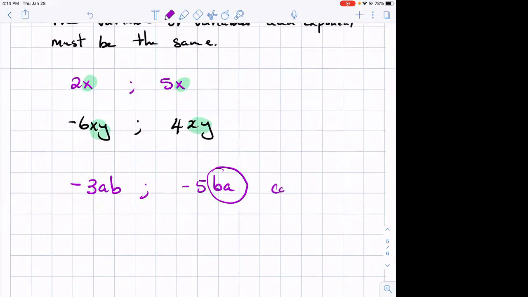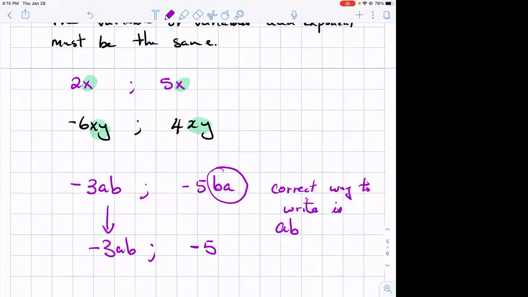The correct way to write is AB. When we write variables, we generally follow the pattern of the alphabet. So this is the same as minus 3ab, but this one here, if you write it correctly, will be minus 5ab.